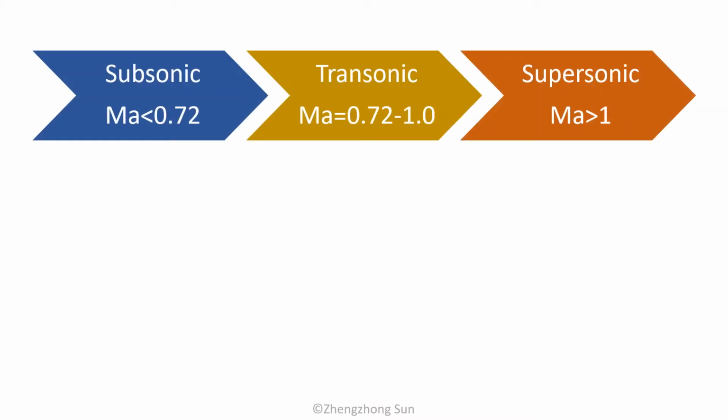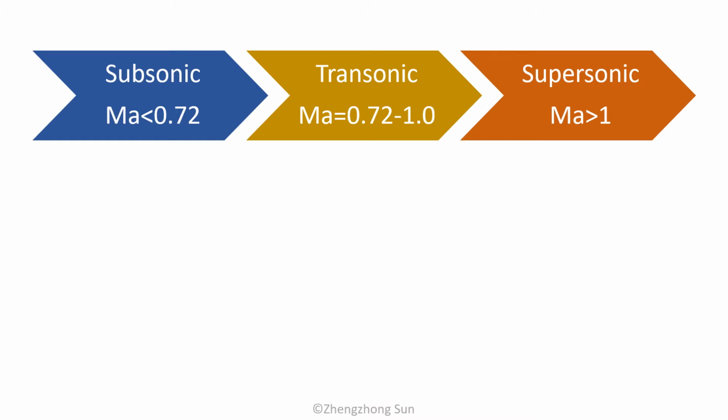Now let's define the different flow regions. We have subsonic, transonic, and apparently supersonic flow. For subsonic, usually the Mach number is less than 0.72, and for supersonic, apparently the Mach number is larger than 1. Transonic flow means the Mach number is between 0.72 and Mach 1.0. And strictly speaking, transonic flow is part of the subsonic flow, but why do we pick it out separately?